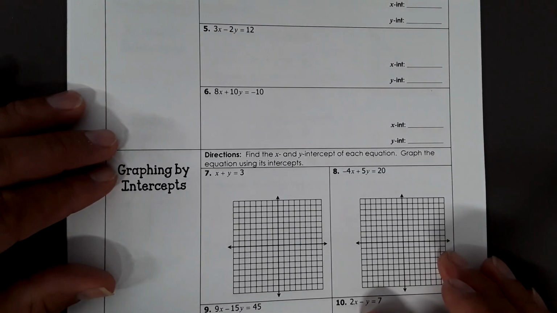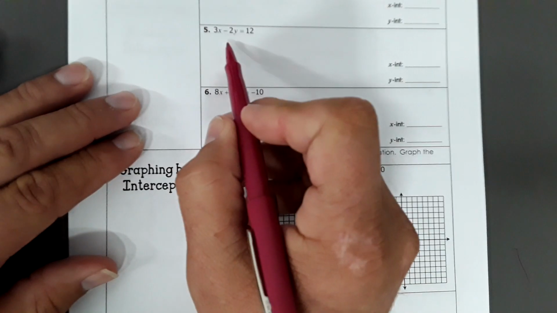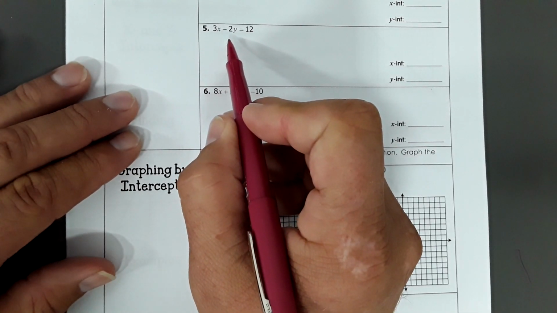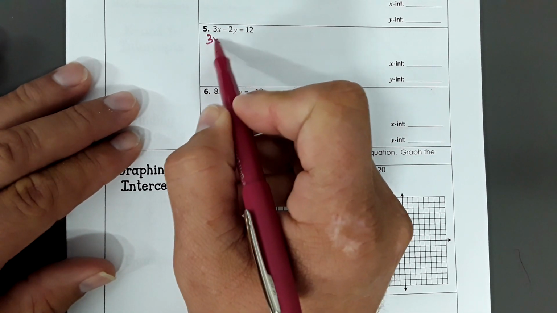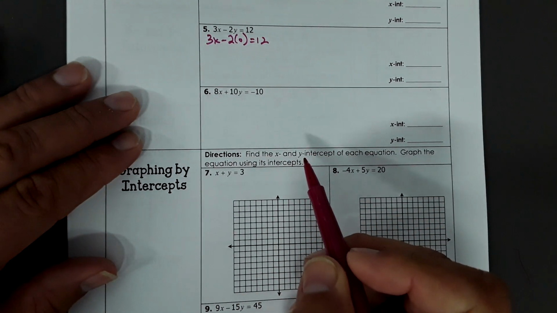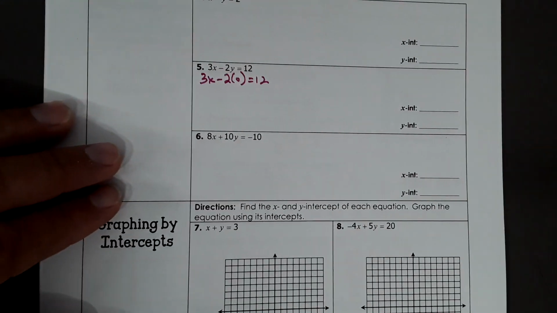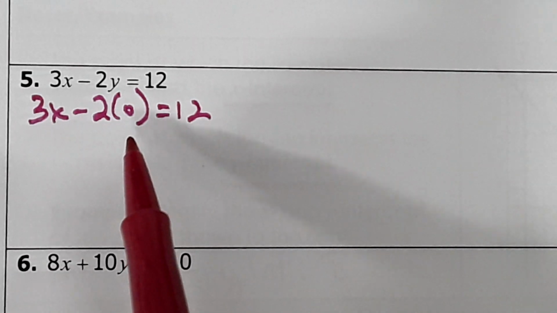Let's see what we got. Let's look at number 5. To find the x-intercept, I'm going to plug a 0 in for y. And solve what I have left over. 2 times 0 is just 0.